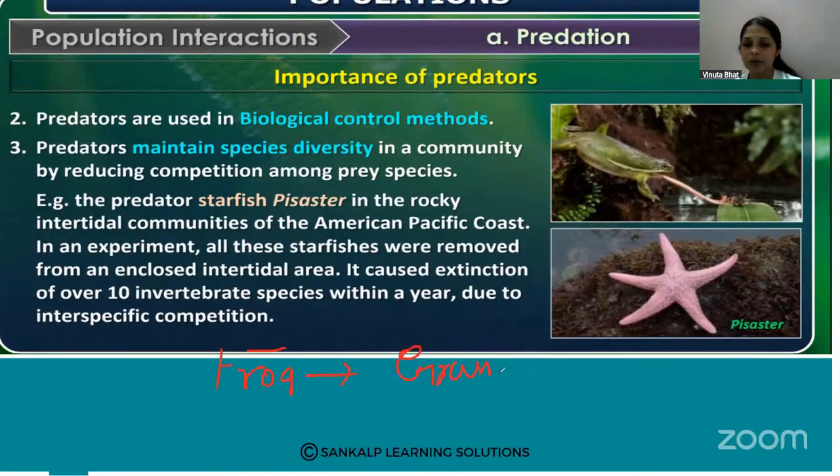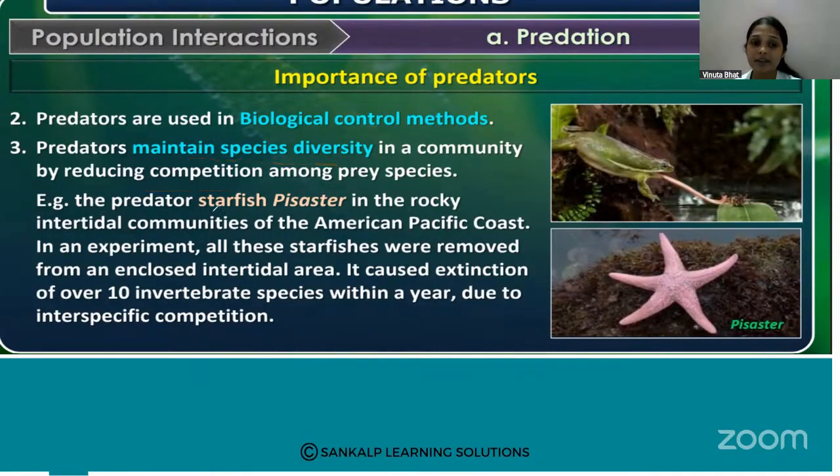Because of this frog there is less competition among grasshoppers, right? So it maintains the species diversity in a community by reducing the competition. Competition for resources, the grasshopper number decreased because of the frog, and it reduces the competition among the prey. There is an example given for this.